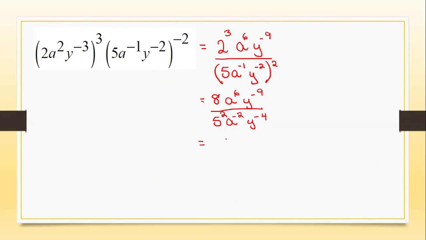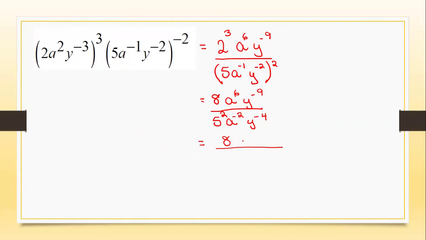Now, 8. Let's see what that is. We have a negative 9 to the top and negative 4 to the bottom. Now, first, let's deal with the a's. I have a to the power of 6 on the top, a to the power of negative 2. I'm going to move the variable with the lowest power, in this case, the a to the negative 2, to the top.